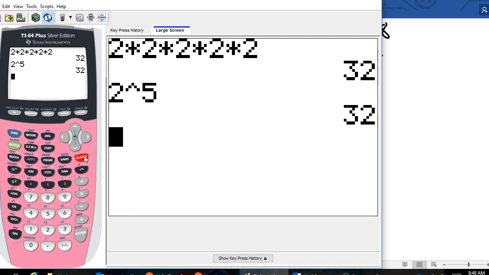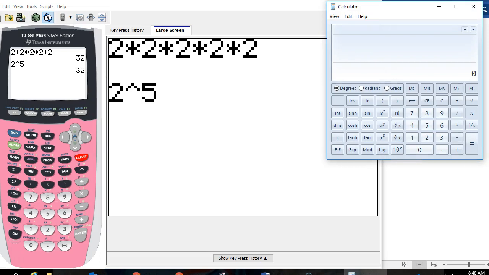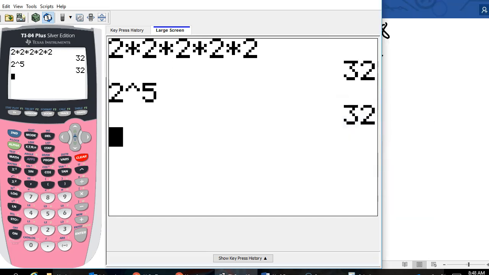If you are on some cell phone calculators or some other branded calculators, let me see if I can pull this one up. Sometimes you'll see an X to the Y button like we have right here. That would be the power button on this calculator and some cell phone calculators. So if you're not sure, let me know and I'll try to help you figure out how to utilize your calculator.